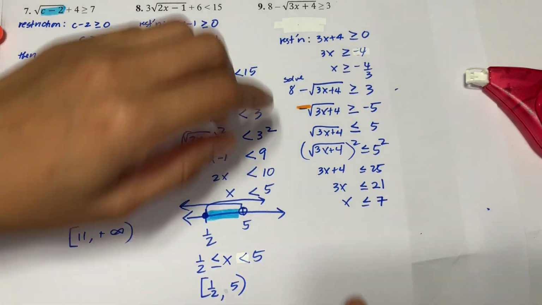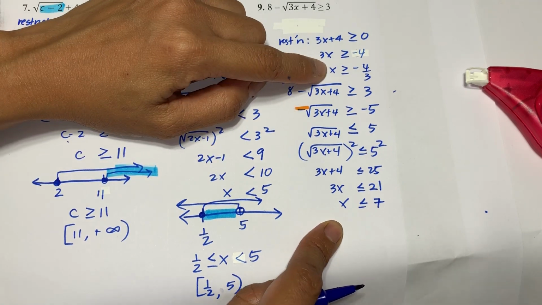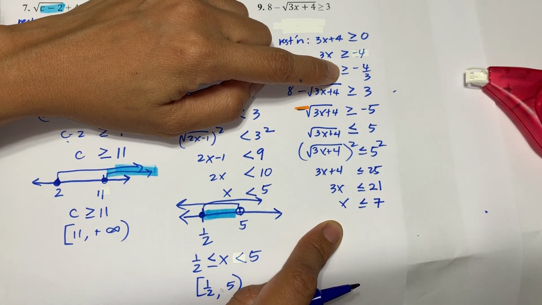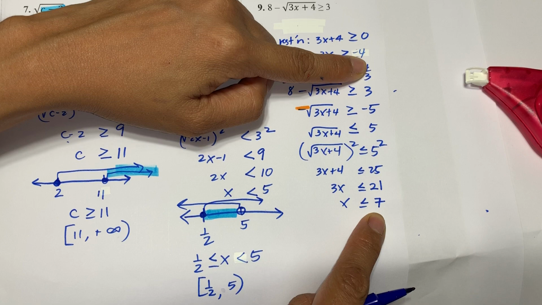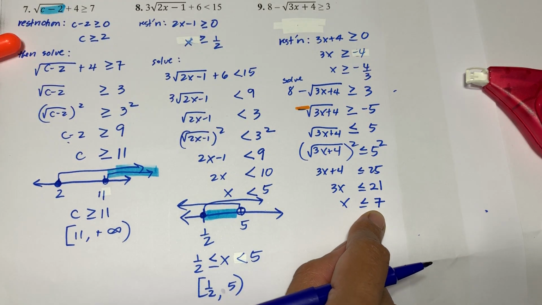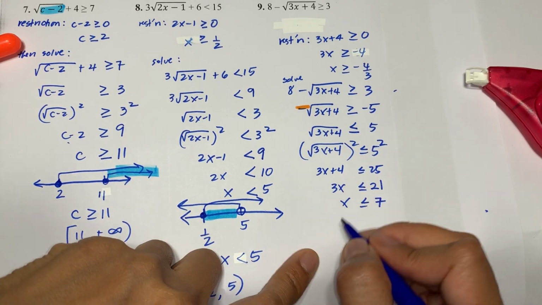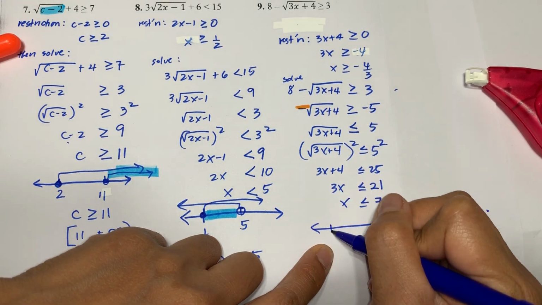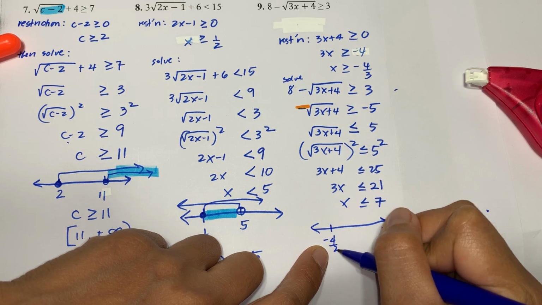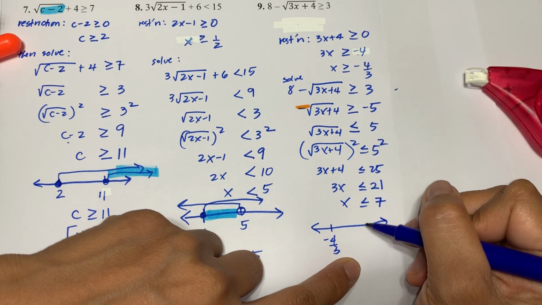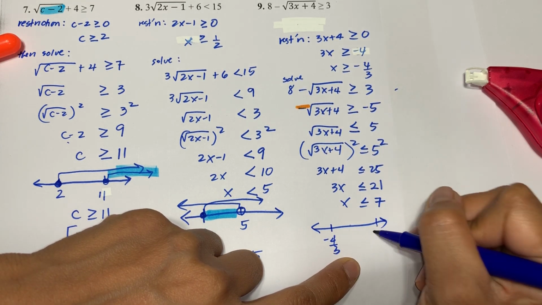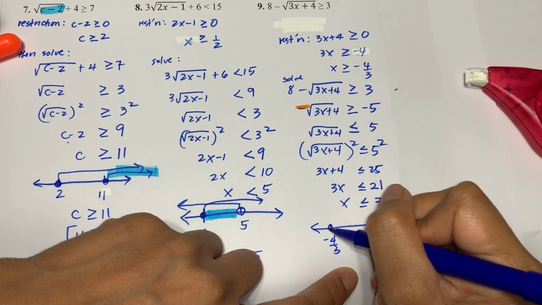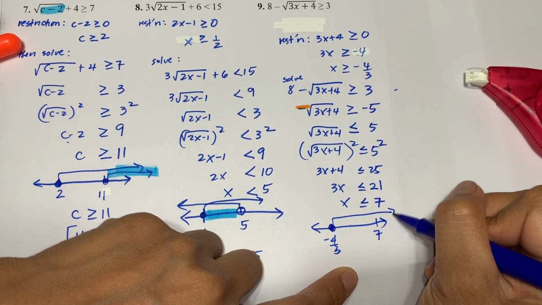Okay. So then according to this one, bigger than negative 4/3 but smaller than 7. That's in between. If you graph it, just in case. So this is negative 4/3, which is negative 1 1/3. And here's, let's just say here's 7. This one is close to the right.